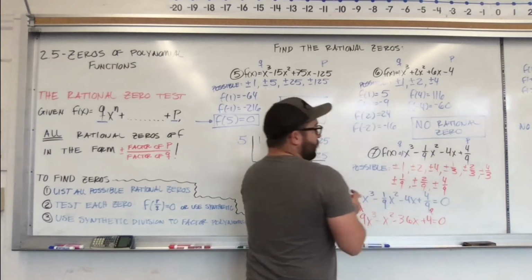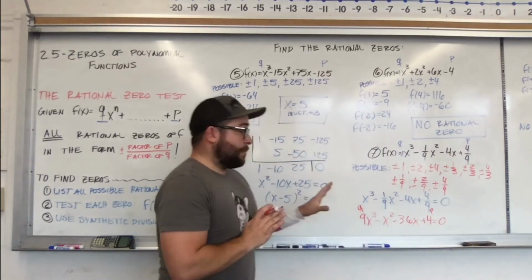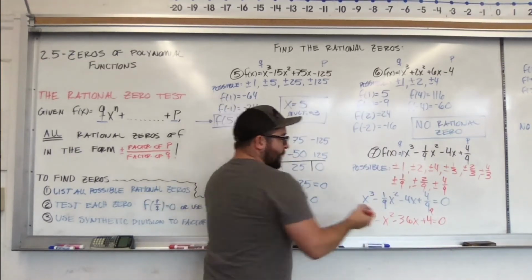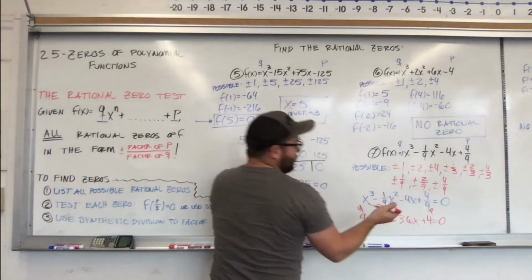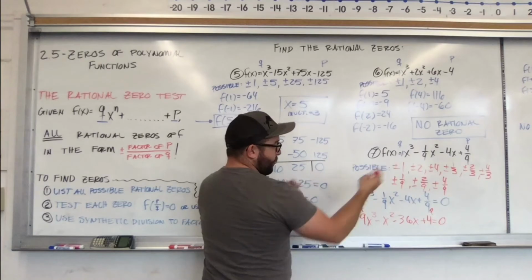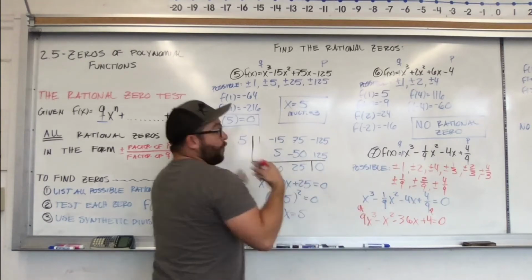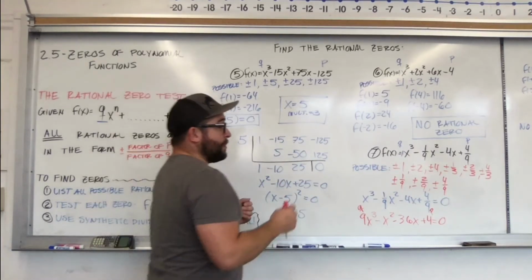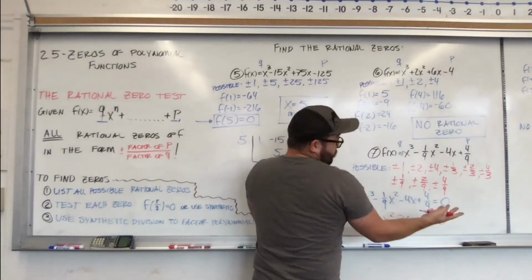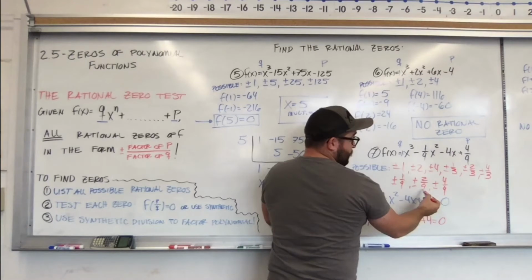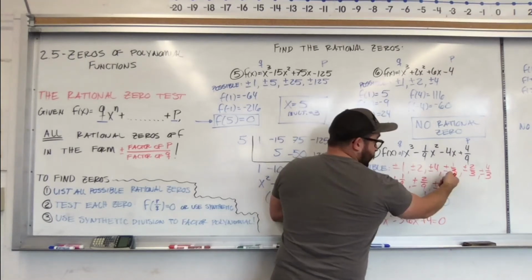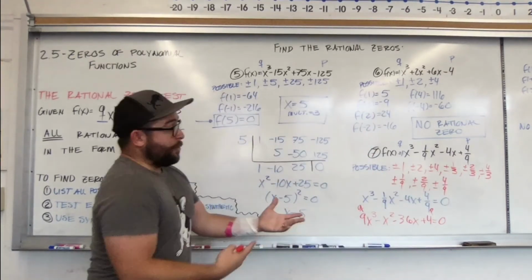Now, hefty list, but I think it's a little easier to see if I clear that denominator. It makes it nicer to see specifically what is P, what is Q, and what their factors are. And then one last thing we'll see in some examples coming up is if we have a repeat, so say for example I had a 3/9 over here, but I already have 1/3, we don't need to list that repeat.